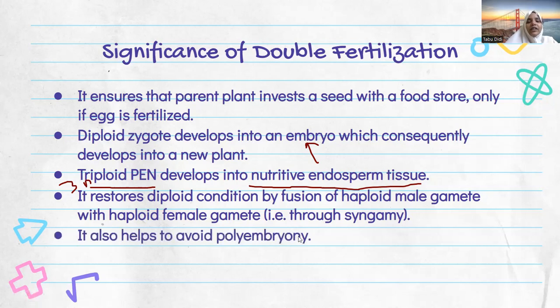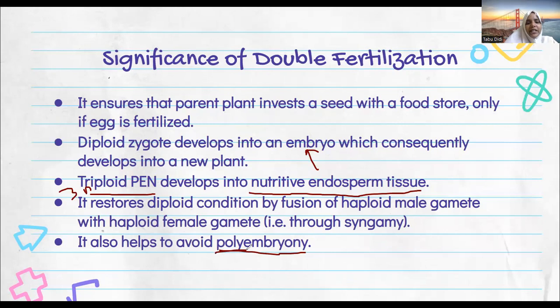And also, this will avoid multiple fertilization events, which would lead to the formation of multiple embryos. Poly means multiple, so polyembryony means more than one embryo.